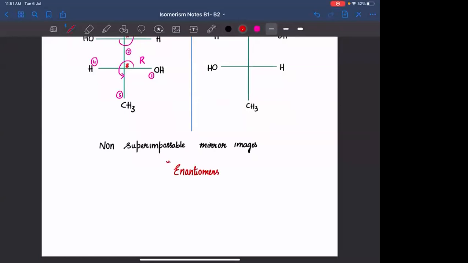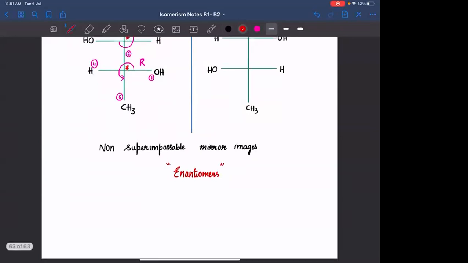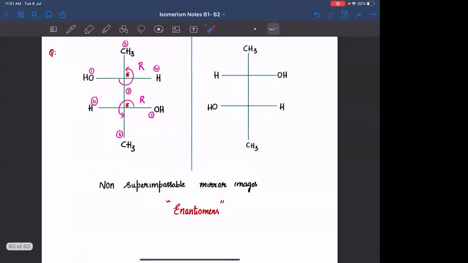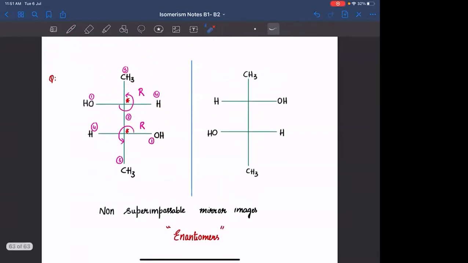These two are isomers of each other, and that particular kind of isomers is referred to as enantiomers. Is that clear? If this particular molecule has configuration R and R, its mirror image will be S and S, can I say?